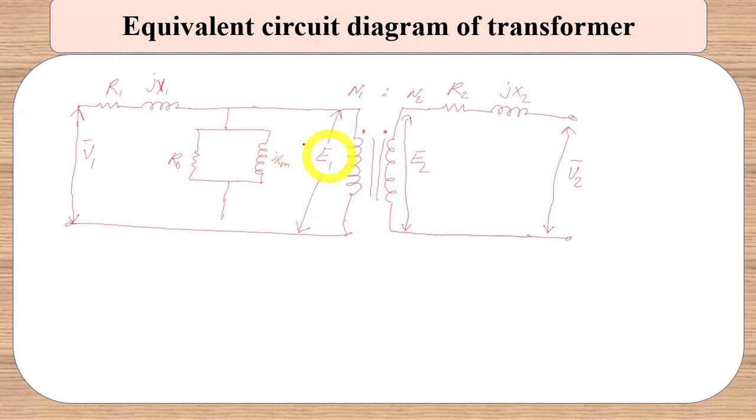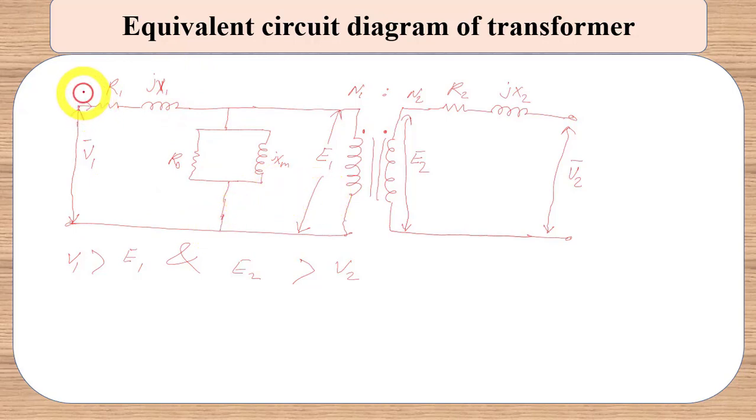Now the magnitude of voltage V1 is greater than E1 and the magnitude of E2 is greater than V2 because there are some losses between V1 and V2.